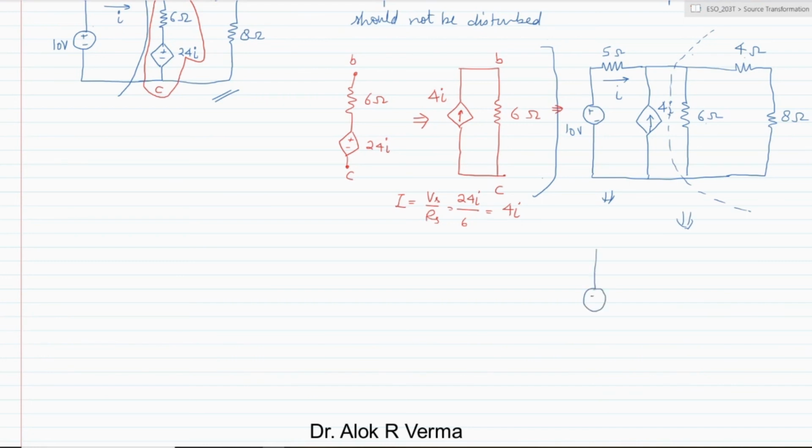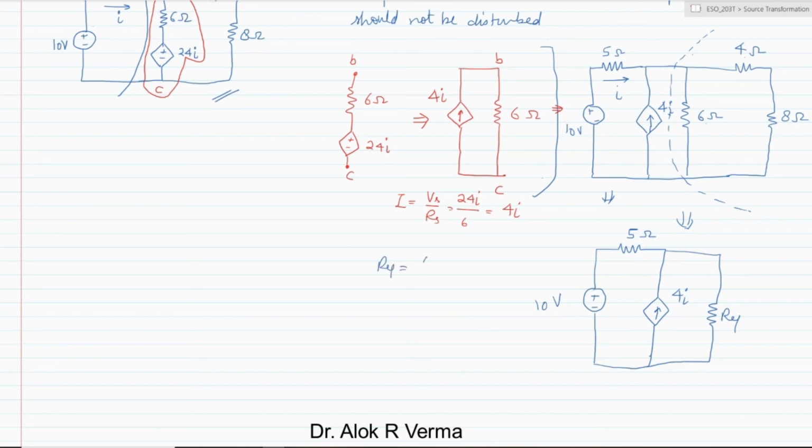So we have a voltage source, so this part of the circuit will remain the same, and the current source also will remain here, and then one resistance which is the equivalent resistance will be appearing. So this is R equivalent, this is 5 ohm, and this is the 4I, and this is 10 volt.